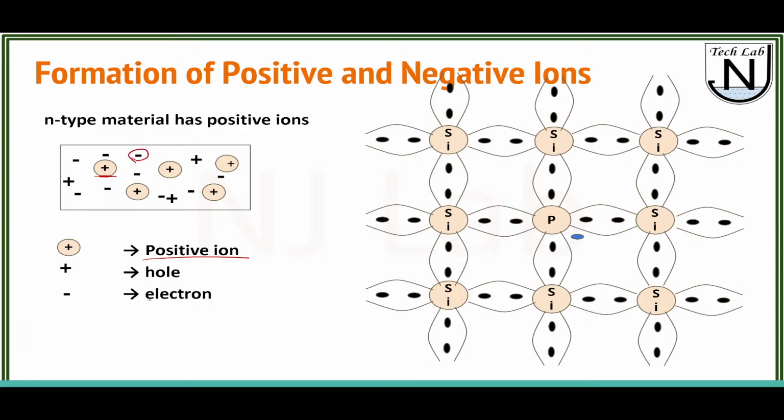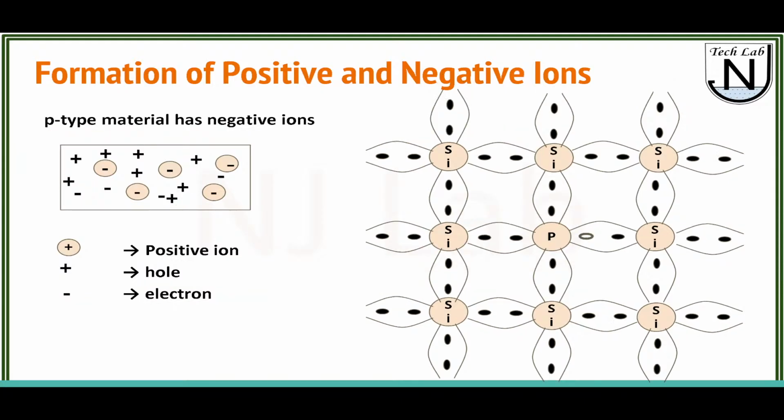So these are the electrons, and some holes may also be there. So these are the holes. It means n-type material may have positive ions, holes, and electrons, and the number of electrons will be very large, and they are the majority charge carriers in n-type.